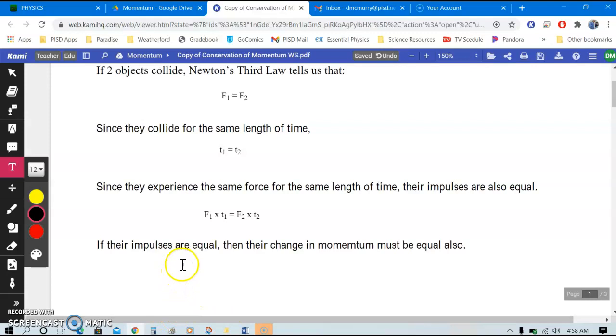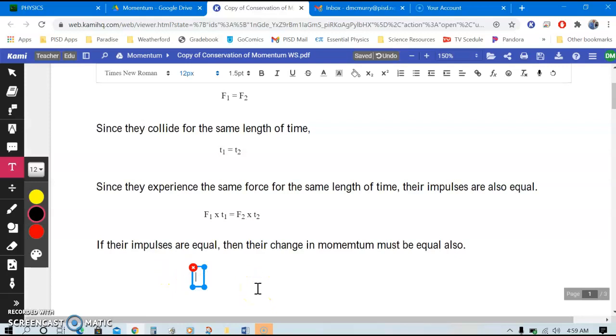Since the impulse is equal, their change of momentum is equal also. The formula for change of momentum is mass times change in velocity.